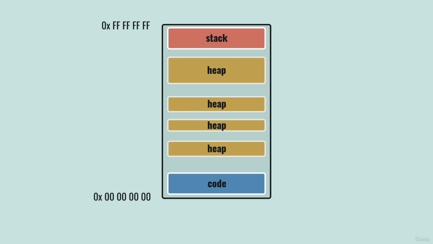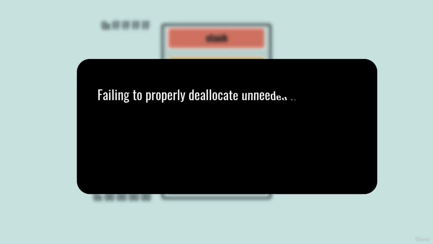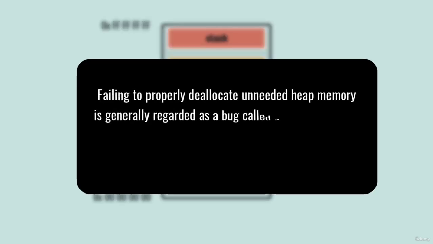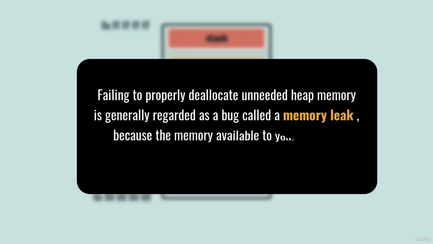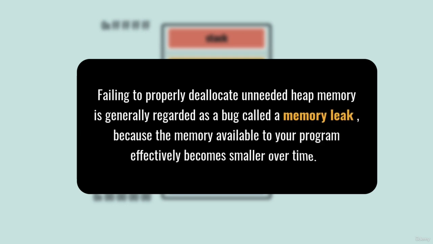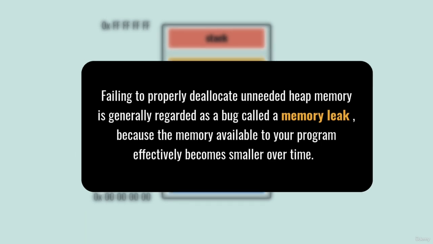Even if your process only needs a modest amount of heap memory at any one time, if your process runs long enough without properly deallocating heap memory, the process may eventually run out of address space, at which point new allocations will fail, likely requiring your process to terminate prematurely. So failing to properly deallocate needed heap memory is generally regarded as a bug called a memory leak, because the memory available to your program effectively becomes smaller over time.